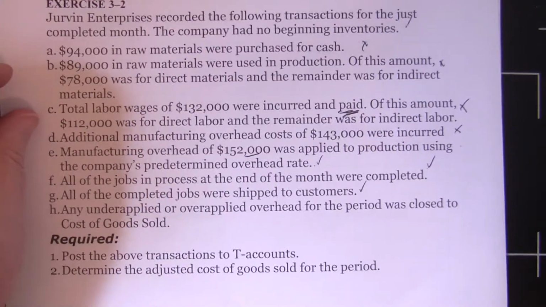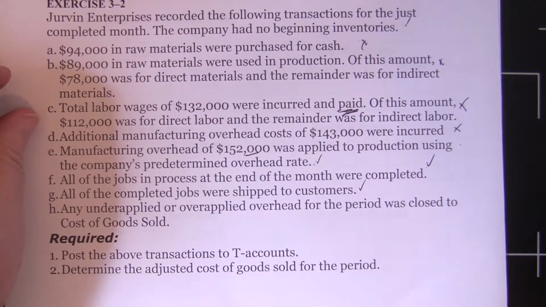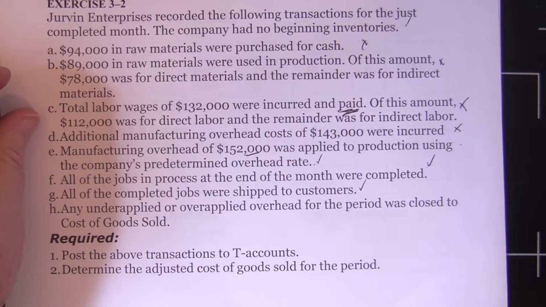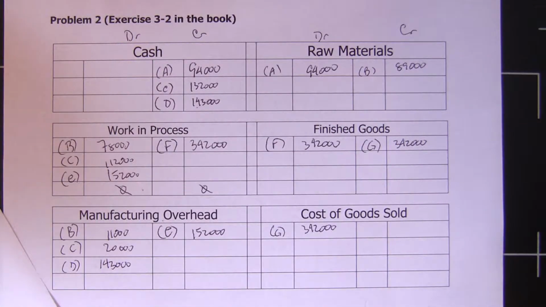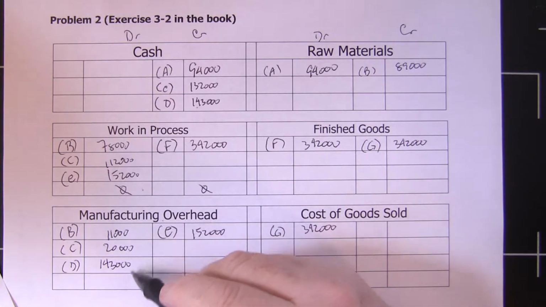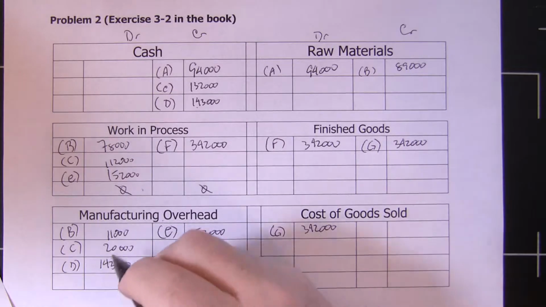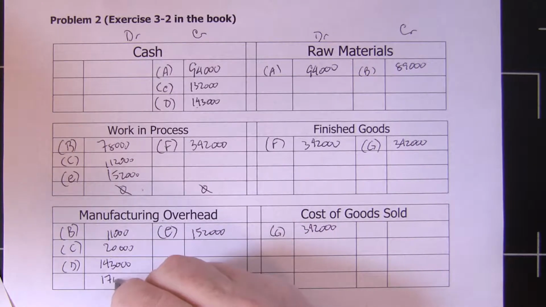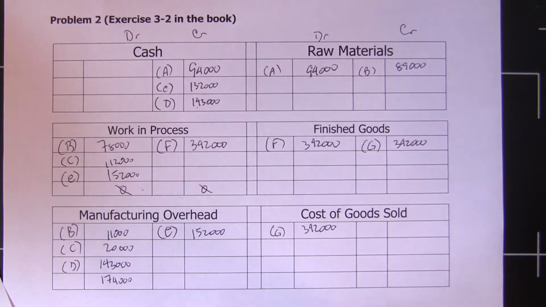And then last but not least, they say any under or over applied overhead is closed to cost of goods sold. Well, what we have to do is find out if we have any. If we add this up, it comes to 174. So we had $174,000 of actual overhead expenses.